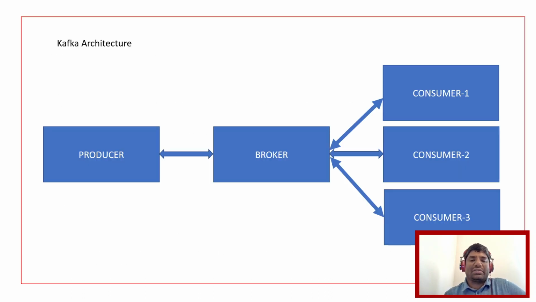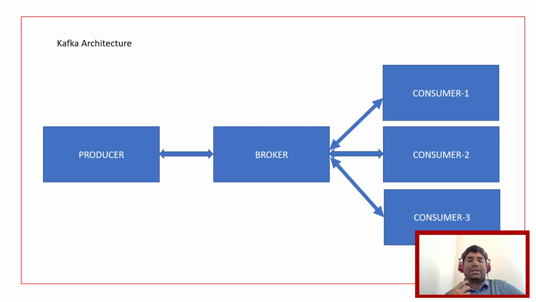So the Kafka architecture, I'm just representing here. There is a producer, there is a broker, there is a consumer. Consumers can be one or many because the same topic data may be required by different applications. The producer can produce data to the broker.